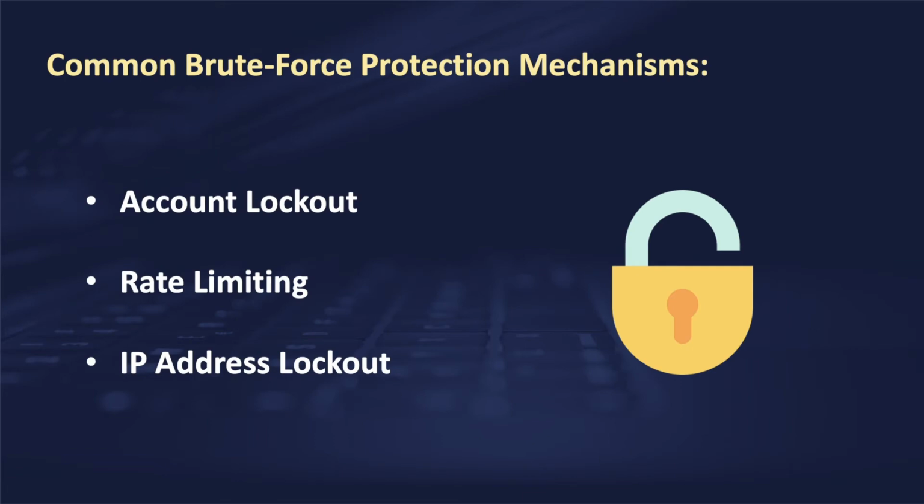So let's look at some of the common brute force protection mechanisms. Firstly, we have account lockout, and this is probably the most well-known protection mechanism. At a basic level, this is where an attacker will brute force a particular user's account, and after a certain number of failed login attempts, the account is locked for a particular duration or until the administrator unlocks the account.